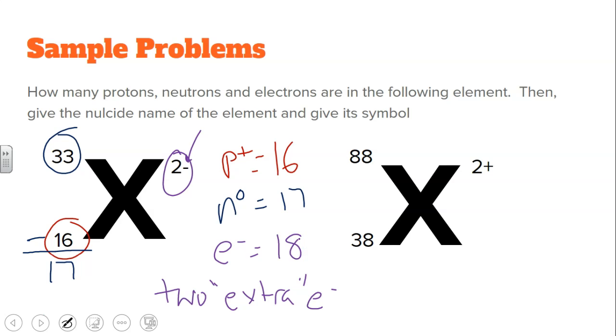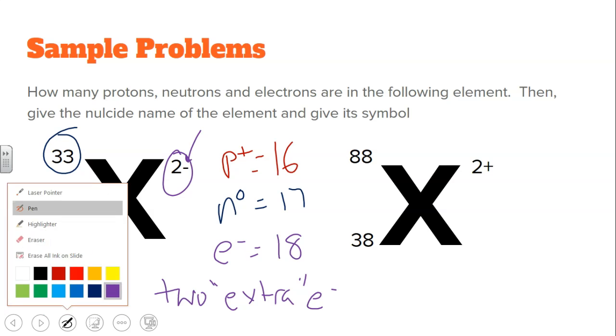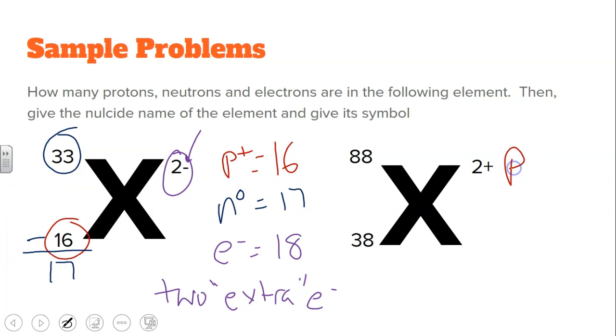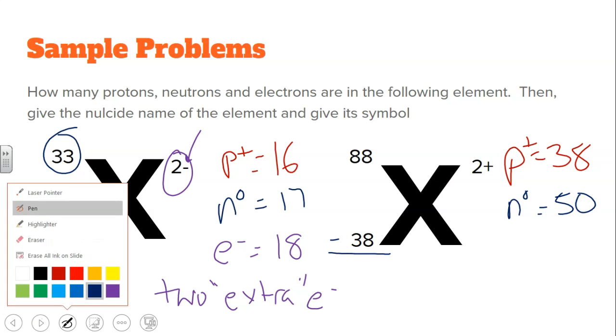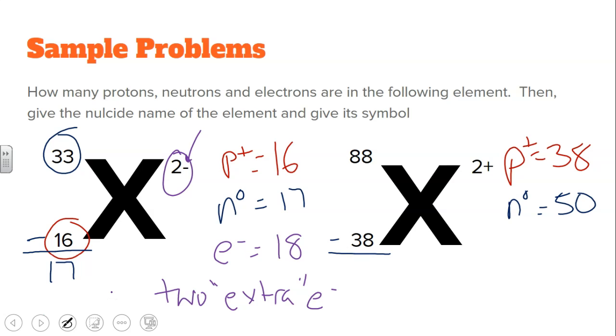Okay, so now we can do the same thing here, and if we're going to do the number of protons, the number of protons is 38. The number of neutrons, again, if we take this and subtract, we get that the number of neutrons is equal to 50, and the number of electrons here, now we have to figure out.